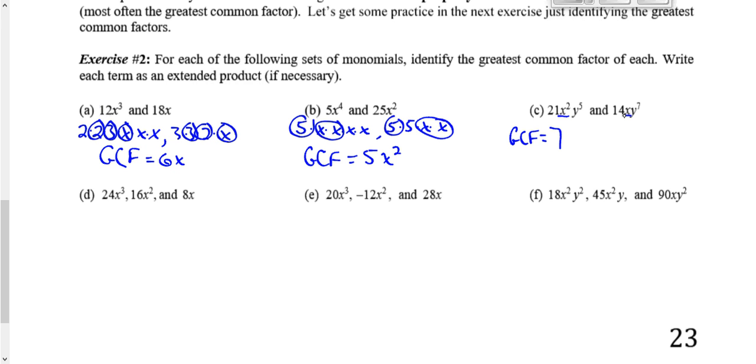Just the x is the biggest I can divide out of both, right? Now between y to the fifth and y to the seventh, what's the largest factor of y I can get out of both? Y to the fifth is the biggest one I can get out of both, so there you go. Get the hang of it?